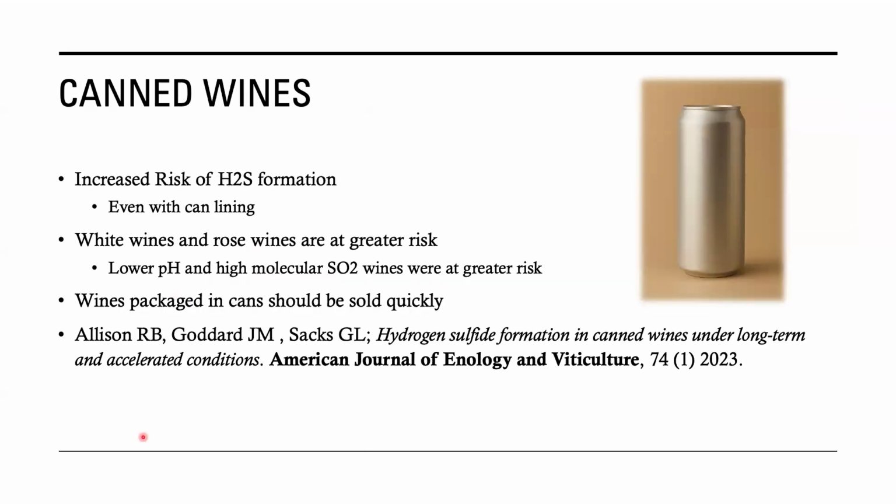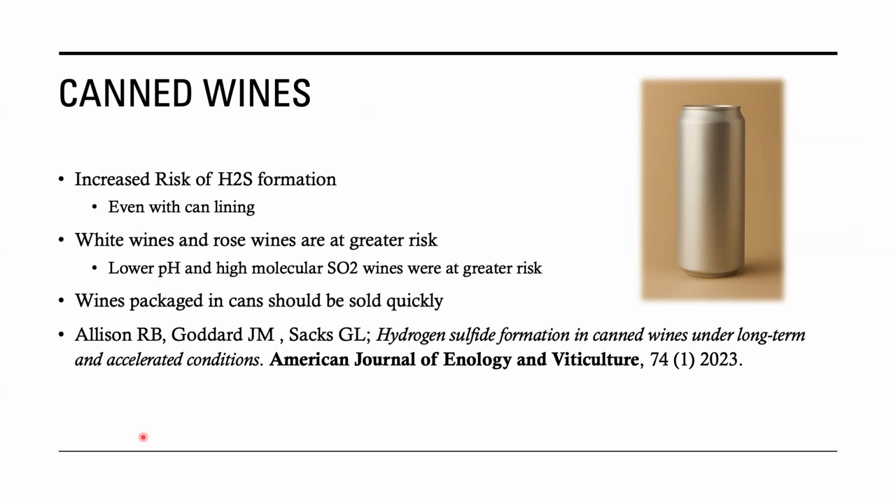I wanted to mention canned wines, because there's been a lot of work in the academic world on this, and canned wines have gained some momentum. I'm not sure if everybody's jumped on the bandwagon, but there is an increased risk of H2S or reductive-type aromas in cans, even with a can lining.